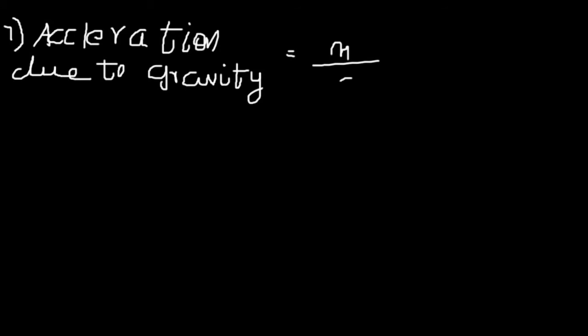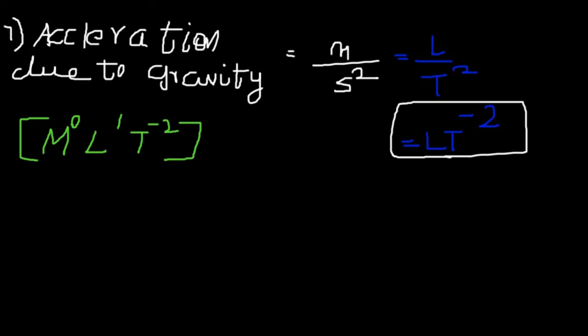For meter we can say L, and for second square, which is time, we can say T square. So we can say its dimensional formula is L T power minus 2. In M, L and T form, you would probably get M power 0, L power 1, T power minus 2.